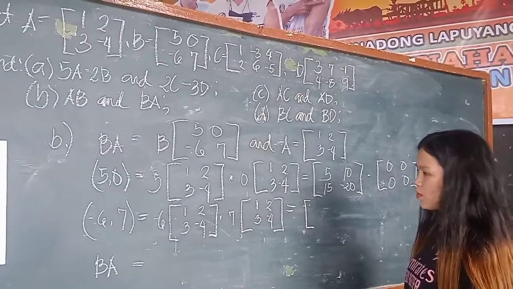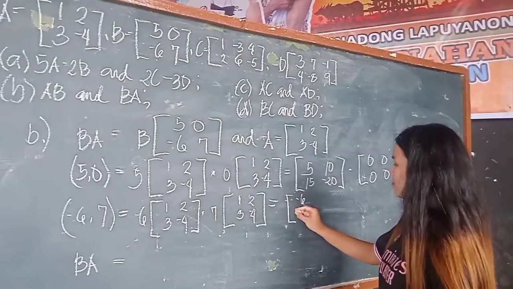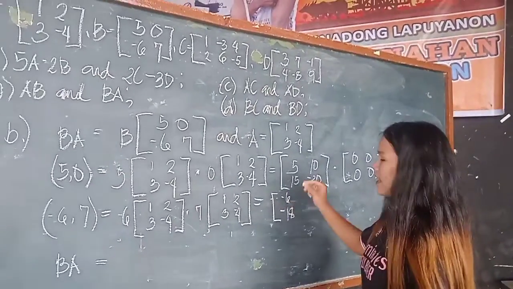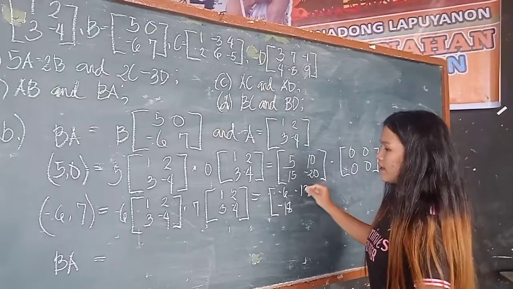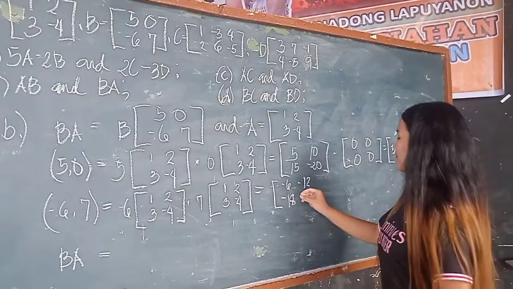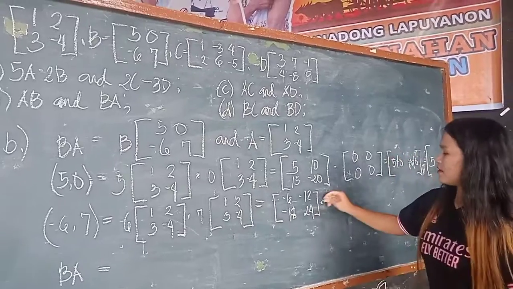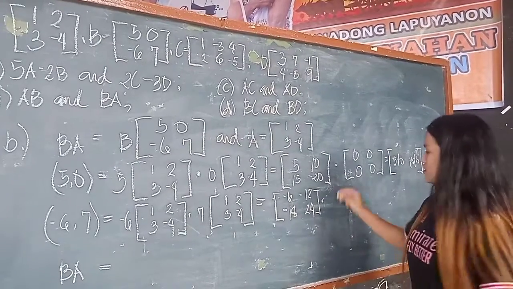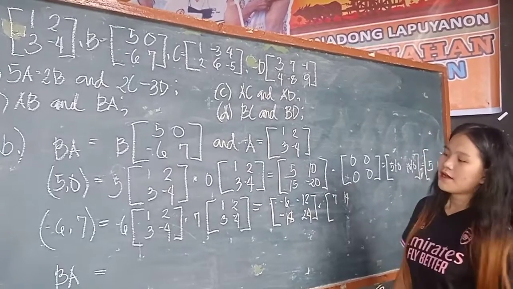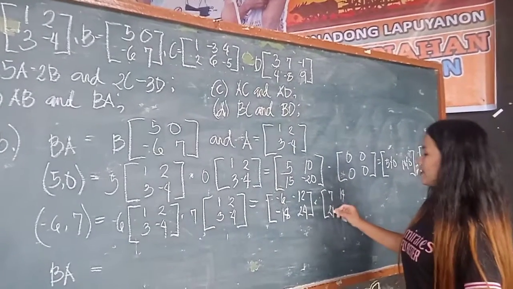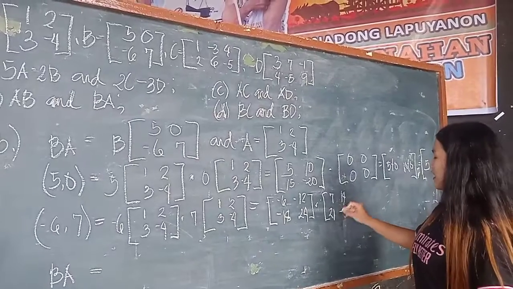Negative 6 times 1 equals negative 6, negative 6 times 3 equals negative 18, and negative 6 times 2 equals negative 12. And negative 6 times negative 4 equals positive 24. Then 7 times 1 equals 7, 7 times 2 equals 14, and 7 times 3 equals 21. And 7 times negative 4 equals negative 28.